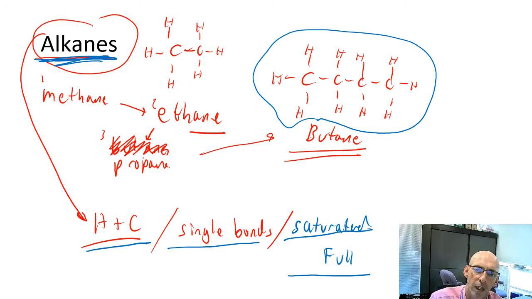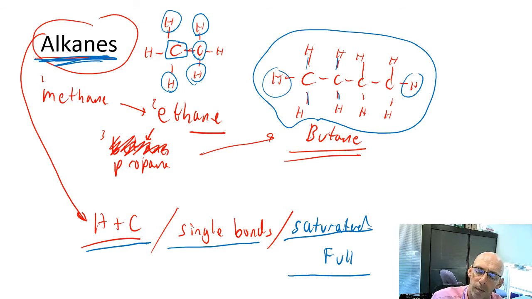Now, you might have spotted a pattern already. For every carbon you have, let's go to this one, there are going to be 2 hydrogens on top. So this carbon, 2 hydrogens, 1 on top, 1 on the bottom. This carbon, 1 on top, 1 on the bottom, same there, same there. But there's always one at this end and one at this end.